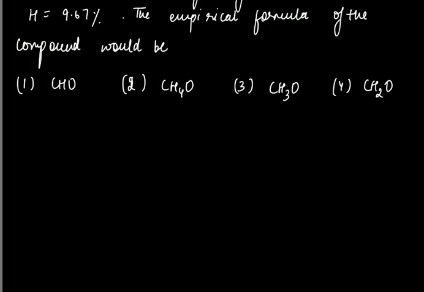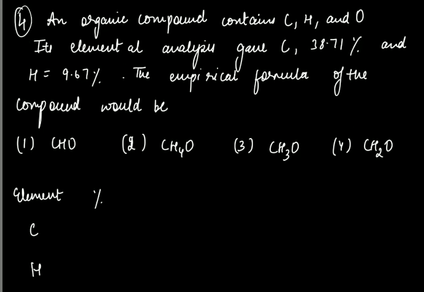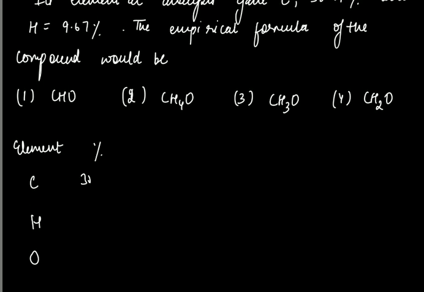So we need to find the empirical formula. How we are going to do it, if you have seen that empirical formula video, we are going to make a chart over here: element carbon, hydrogen and oxygen. Then the percentage they have given: carbon is 38.71, hydrogen is 9.67. So oxygen we need to calculate.